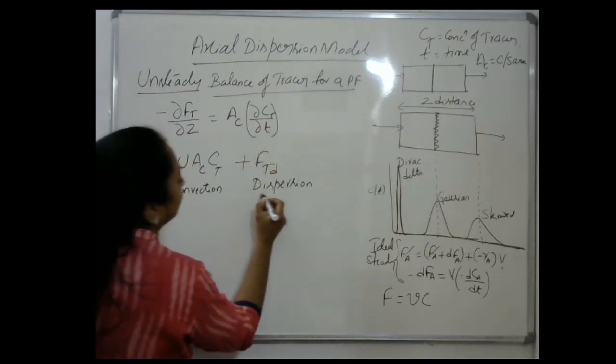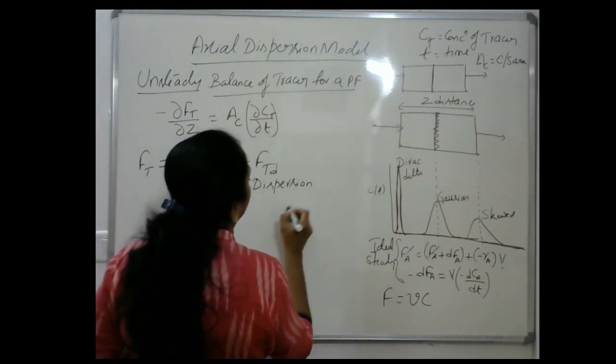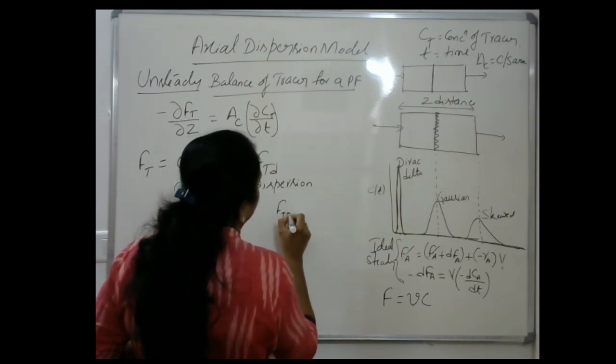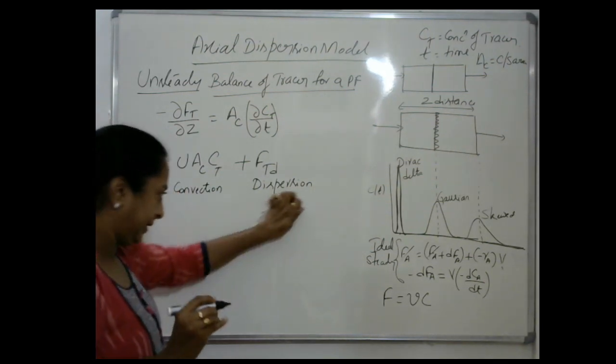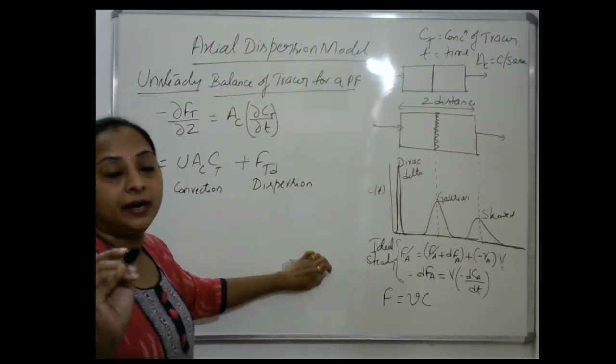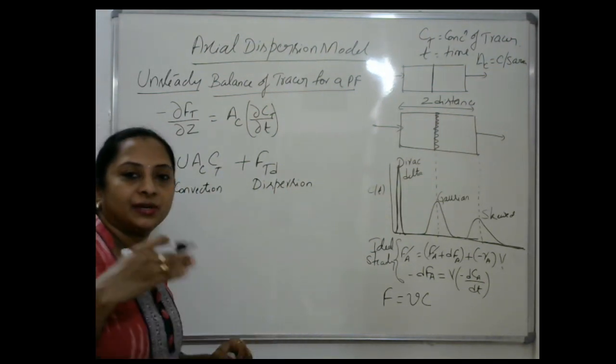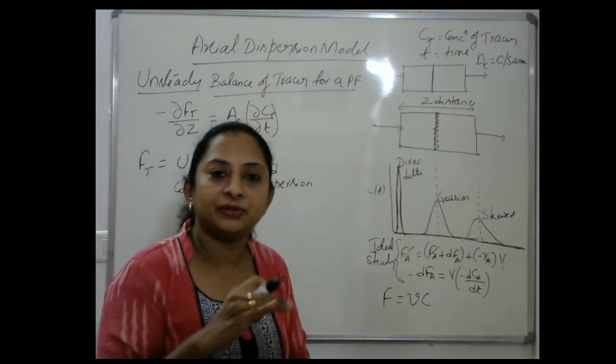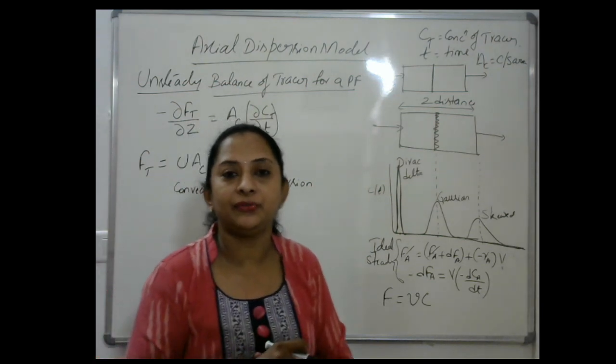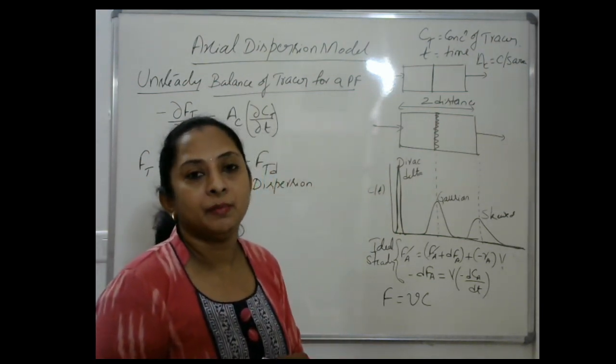Now this dispersion, FTD, is due to diffusion, and I'll write one equation which is analogous to Fick's law of diffusion, what you have already studied in your mass transfer.